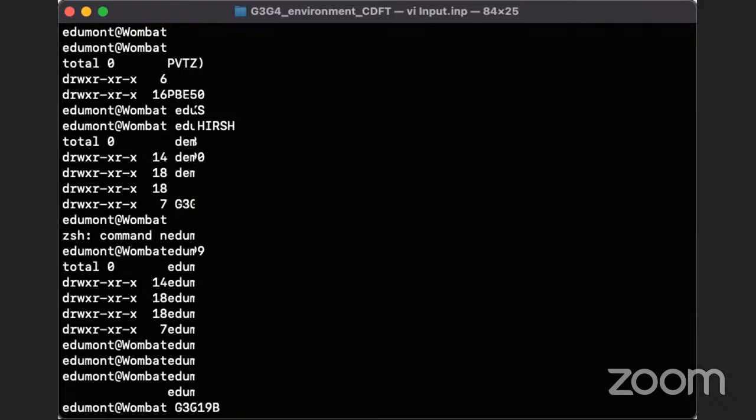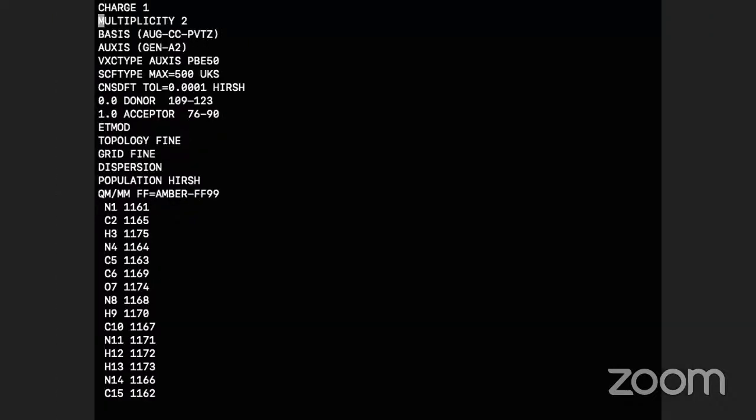Then we set up the constrained DFT here, and we define the donor and the acceptor, and the point is to make the bridge between the two. Topology, some grid, some distribution, which is always nice for a biological system. Then the force field is just ff99. Then we give the list of the QM atoms, and the numbers refer to the PDB. We can check that together.